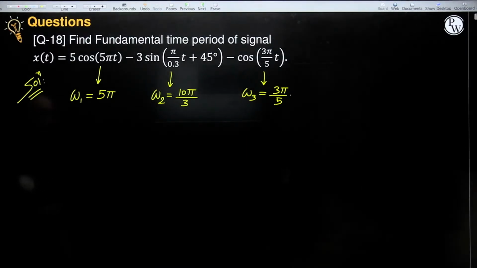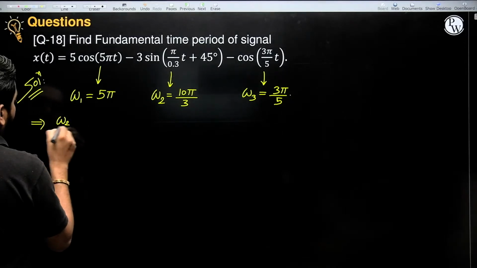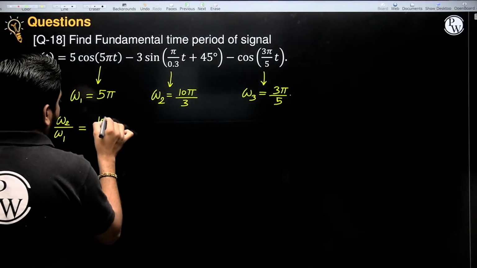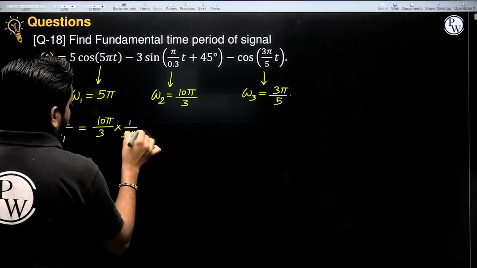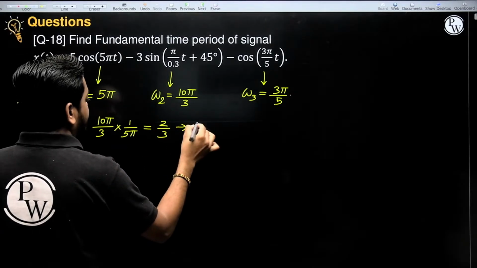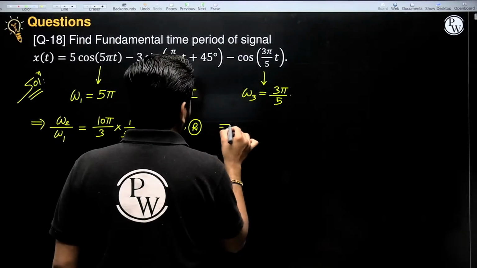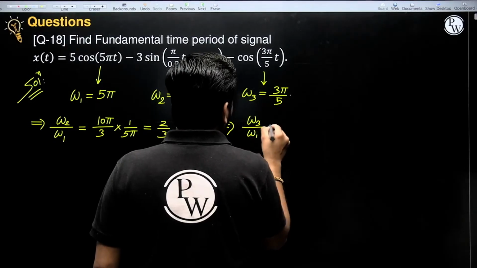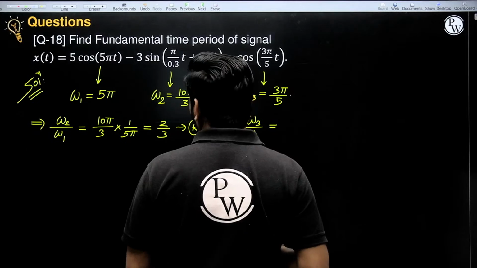Always you will get a rational number. You can check. First omega 2 by omega 1: 10 pi by 3 divided by 5 pi. It is 2 by 3. 2 by 3 is always a rational number. Similarly, omega 3 by omega 1.